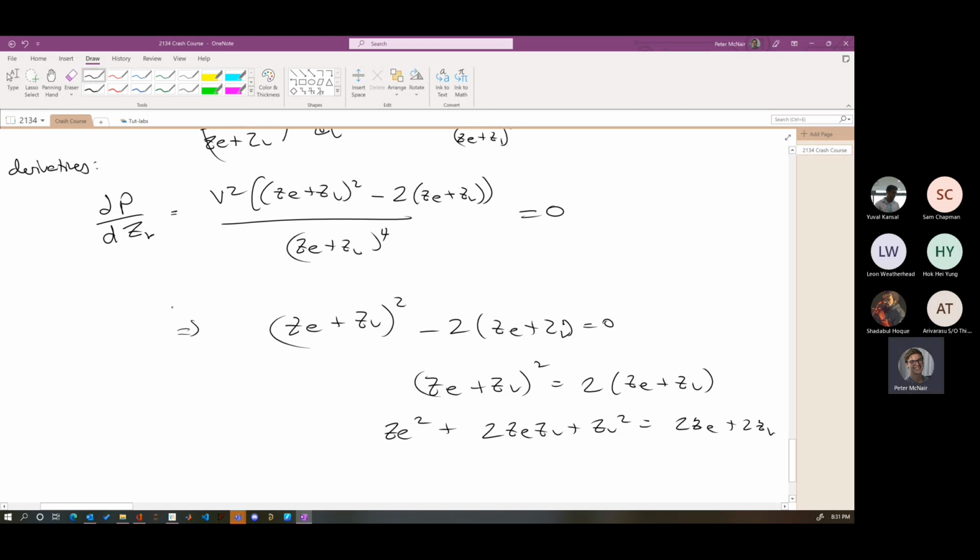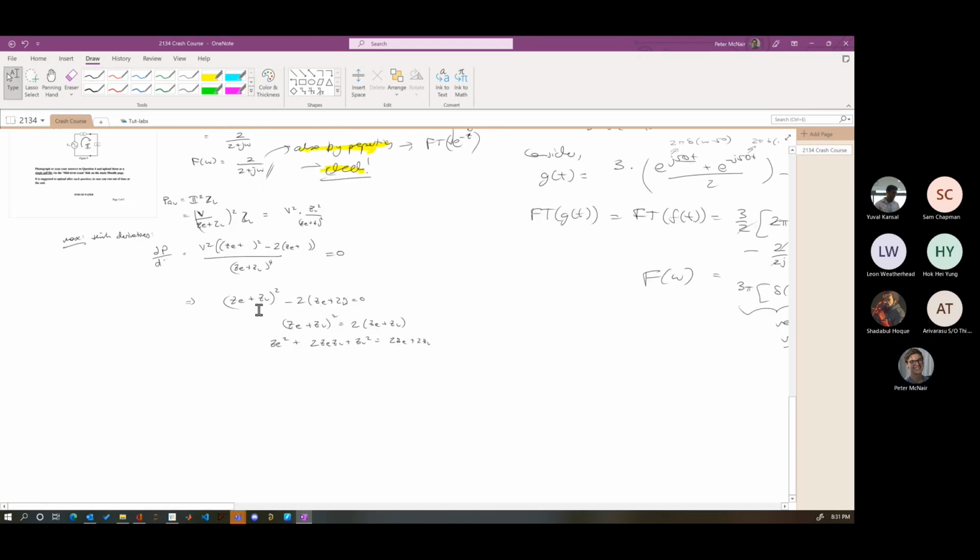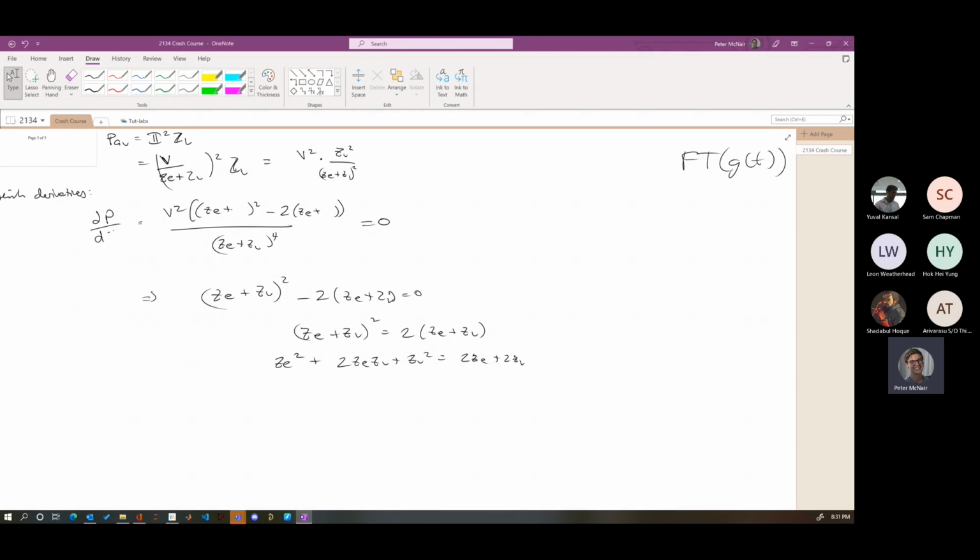I think actually taking the derivative in terms of ZL was a bit misleading. We actually sort of want to break this up into real and imaginary parts. Essentially, let's imagine that these ZEs are purely real.